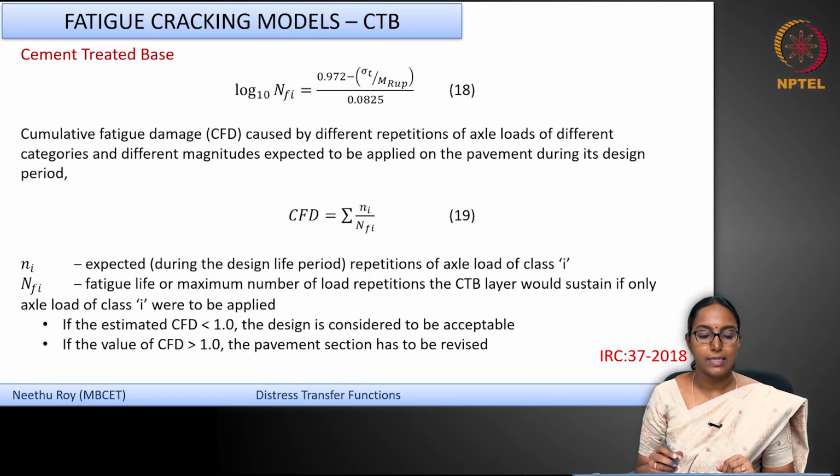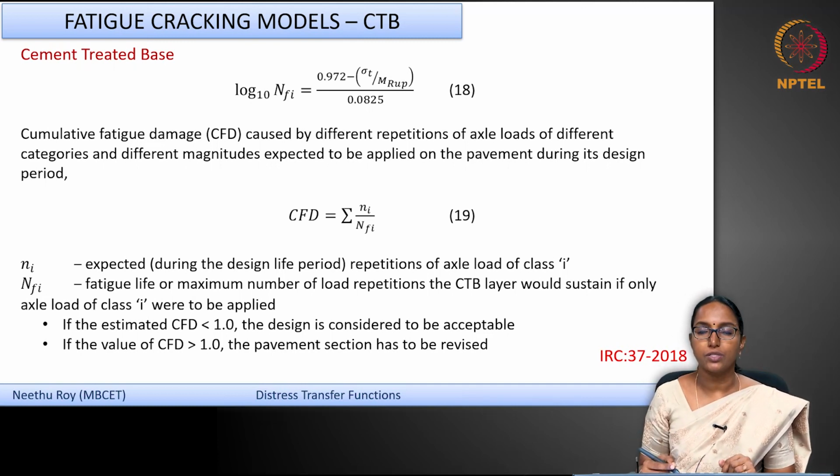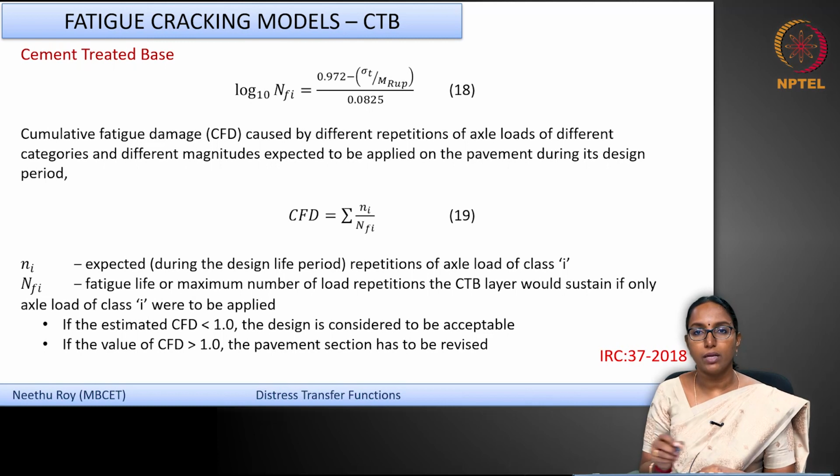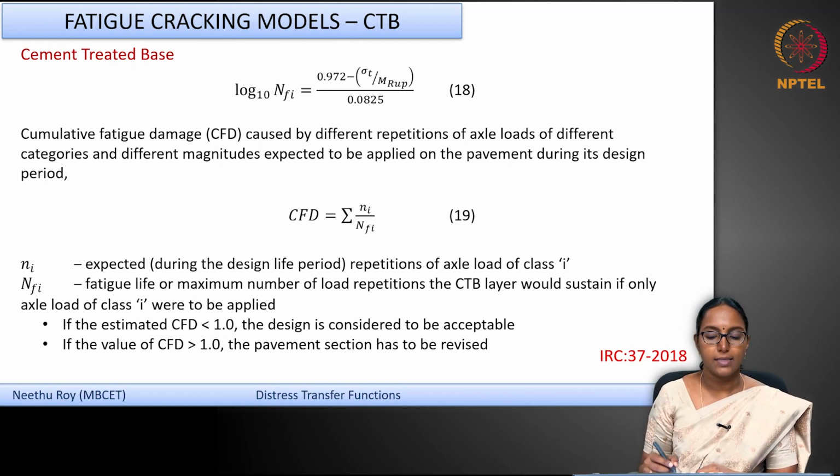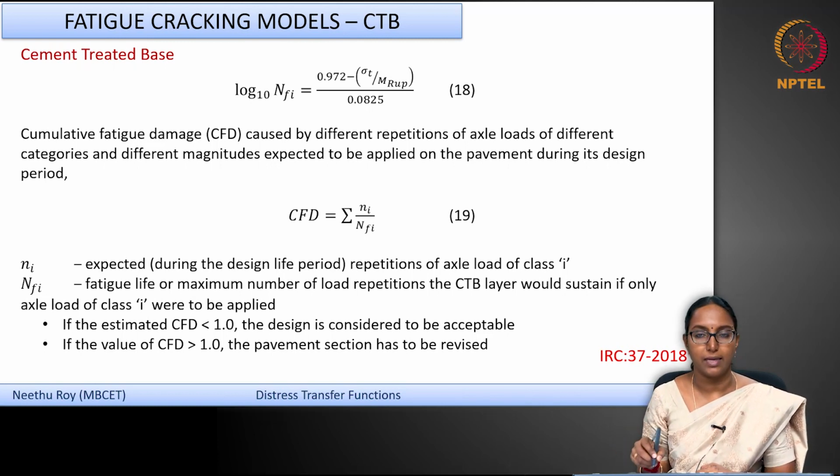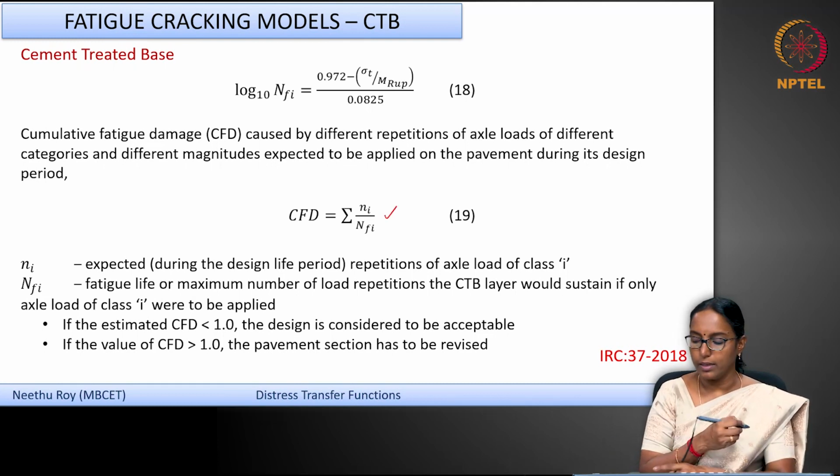Now the cumulative fatigue damage as per the Miner's approach, caused by the different repetitions of the axle loads for different categories and different magnitudes which are expected to be applied on the pavement during the design period, can be calculated as sigma of Ni by NFi. So this is your Miner's approach.